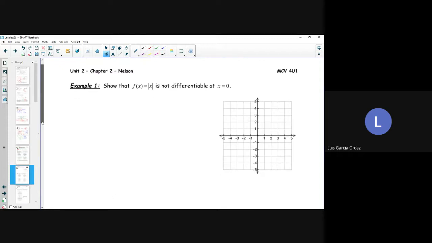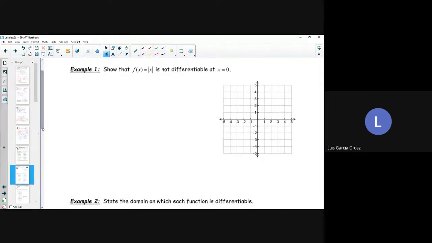So again, we're going to take the same example. We want to show that f of x equals the square root of x is not differentiable at x equals 0. What this means is that either there are no tangent lines or we have an undefined slope.